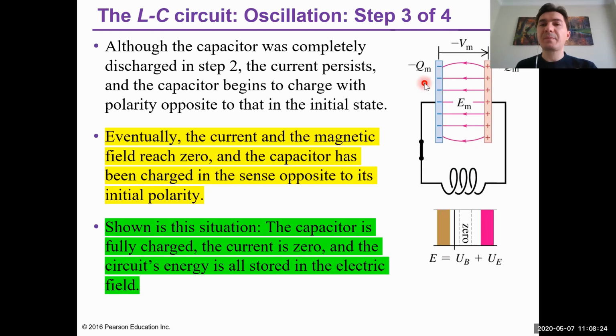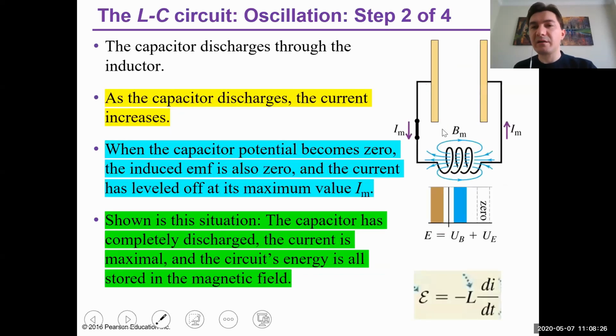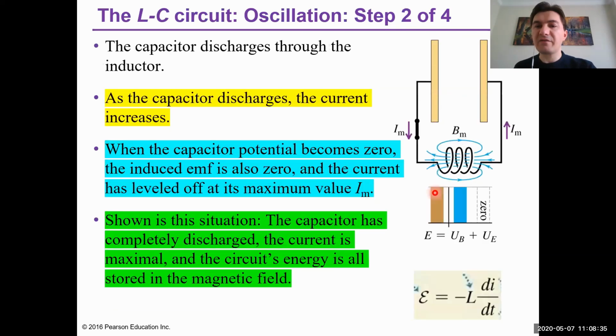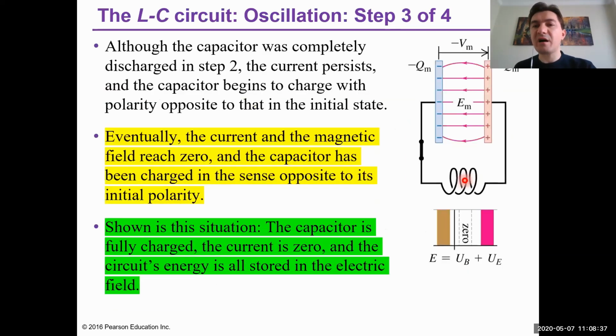So look at the beginning. Here we have positive charges, and then we have current, and then we fill the inductor, let's say, okay? And after this, the direction of the current reverses, okay? And then we collect the positive charges on the right side, negative charges on the left side of the capacitor.